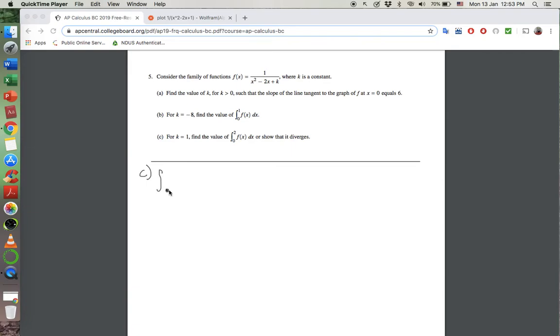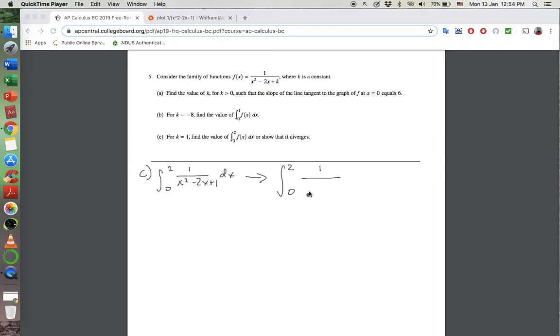So let's take a look at that integral from 0 to 2. And we've got 1 over x squared minus 2x plus 1. Well, nothing really jumps out right now, but let's take this and factor it. So we've got that same integral from 0 to 2, and this one factors out nicely.